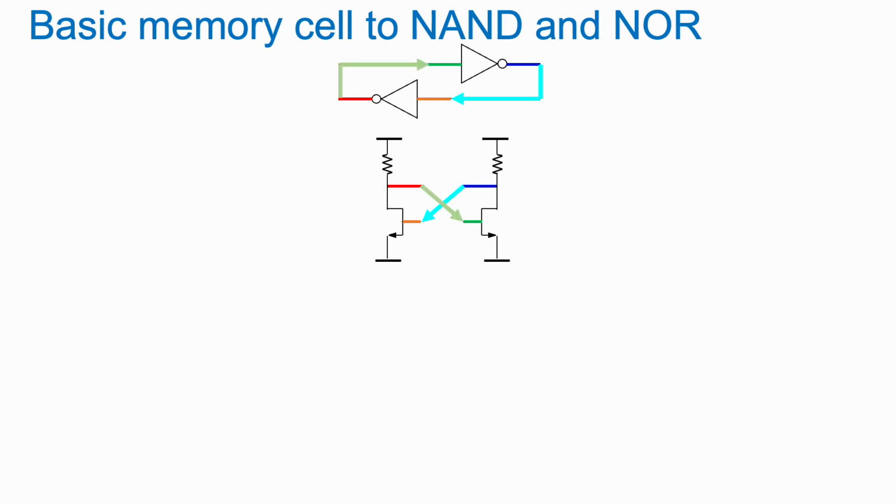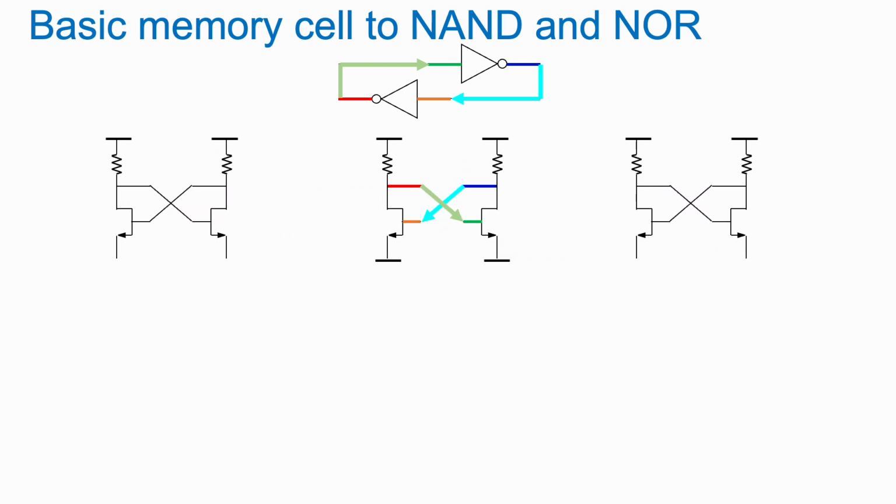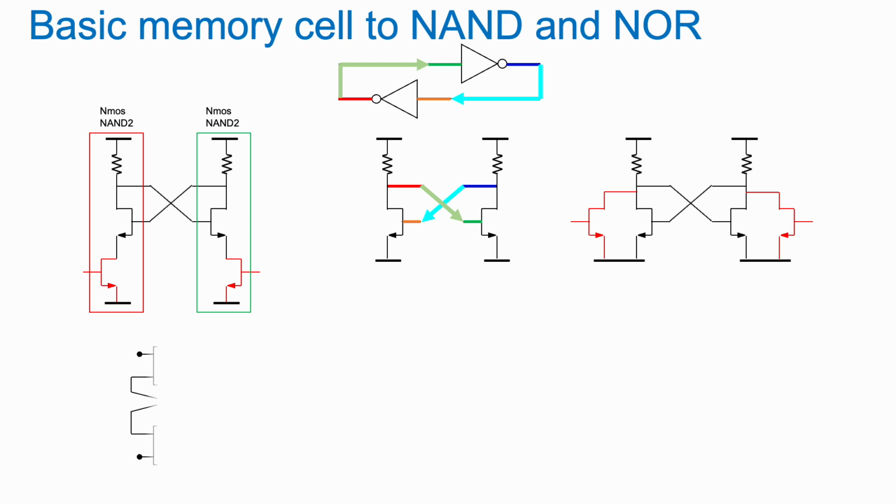The basic NMOS memory core is duplicated on both sides. On the left side, we add two red NMOS in series, and on the right side, we have two red NMOS in parallel. On the left side, the NMOS in series make up the two NAND 2 NMOS gates.